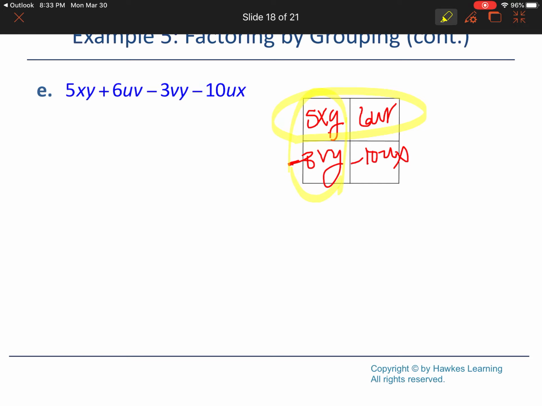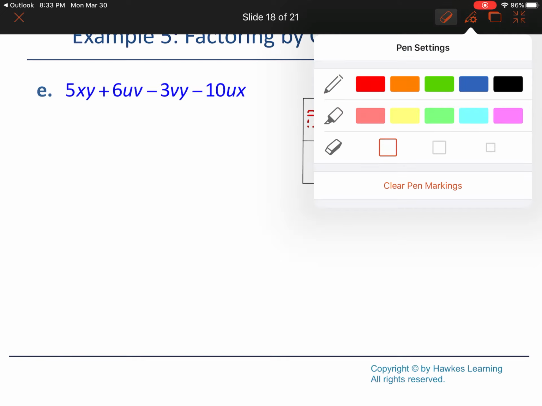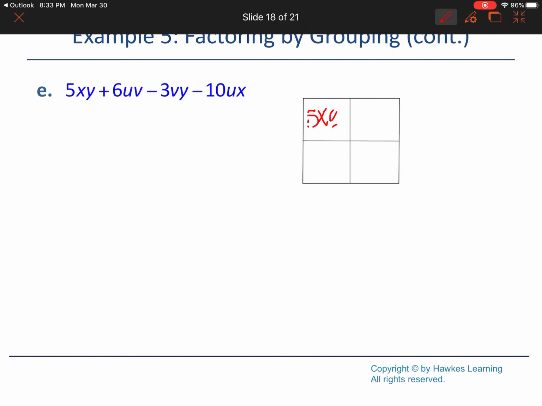I could pull a y out, right? But these two do not. And so the first thing I would want to try before I give up is I want to try just rearranging a little bit. So if I have my 5, what is that?